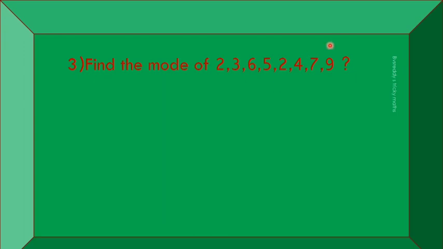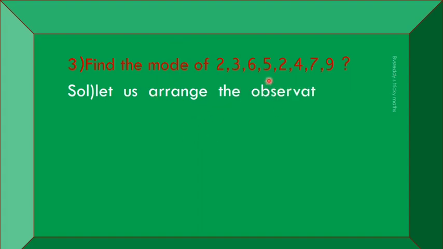So the first step is, let us arrange the observations in order, because the repeated numbers should be next to each other. Order means ascending or descending.